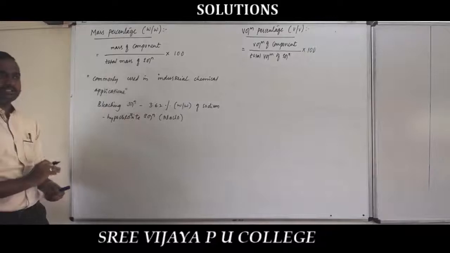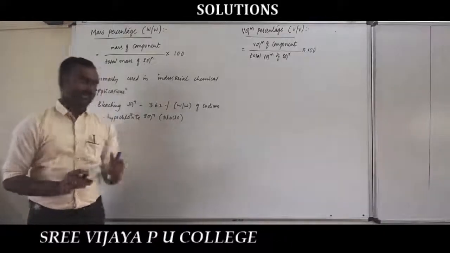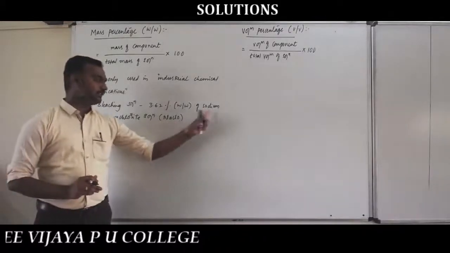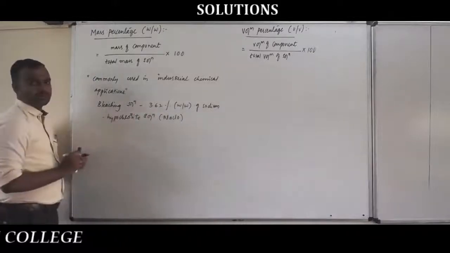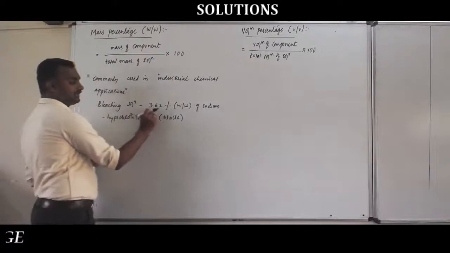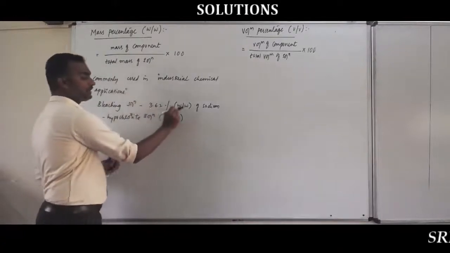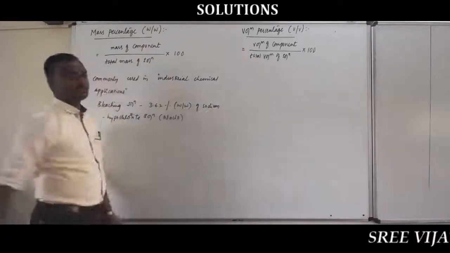Sodium hypochlorite is the salt of hypochlorous acid. So the common bleaching solution consists of 3.62% W by W of sodium hypochlorite.